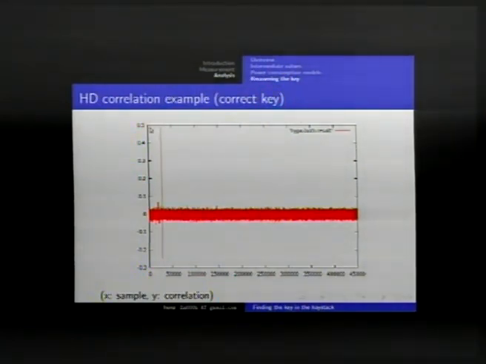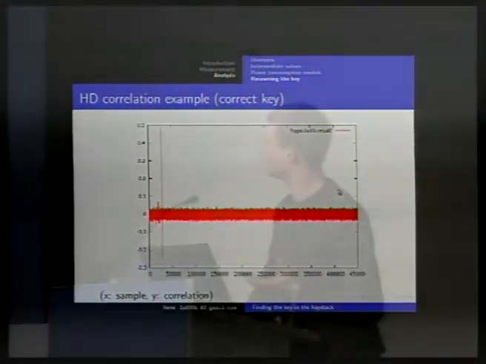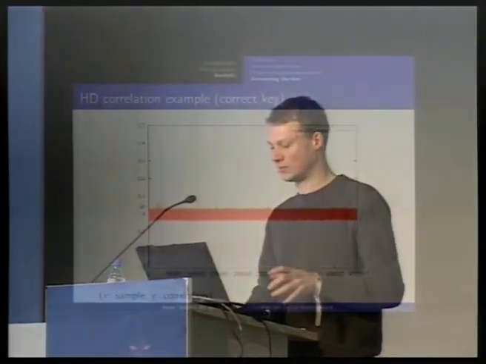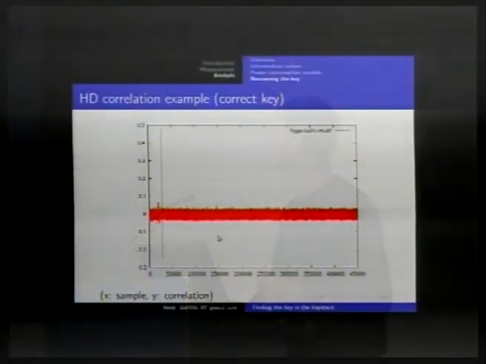This is the cycle in which the register gets overwritten, and it doesn't appear again. Here we have the samples again, and if we use another key than the correct one, we won't see this peak. It will be only the noise we can observe.